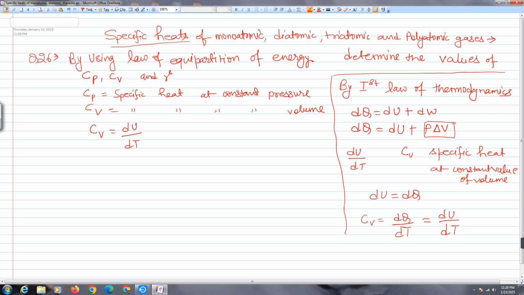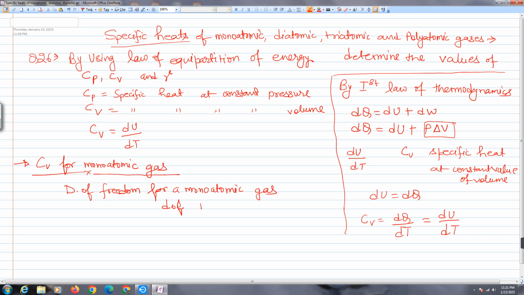Now we have to find first the value of Cv for monoatomic gas. So this is our first topic, Cv for monoatomic gas. First we should find the value of degree of freedom for a monoatomic gas. Degree of freedom for monoatomic gas may be 1, maybe 2, maybe 3.